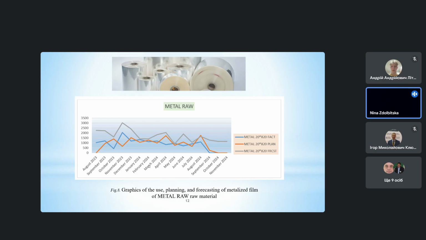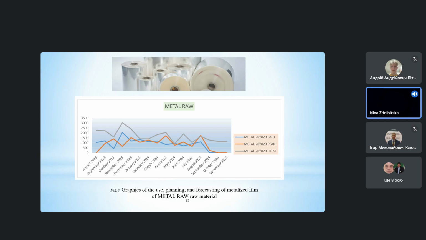The forecast model includes statistical actual data from previous months and the forecasted quantity of required raw materials. For the month of September, at the moment of writing the article, there is no full actual and planned value.